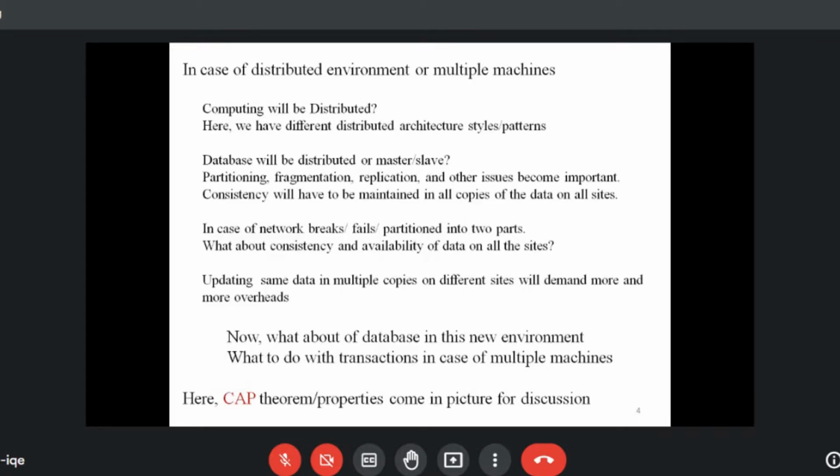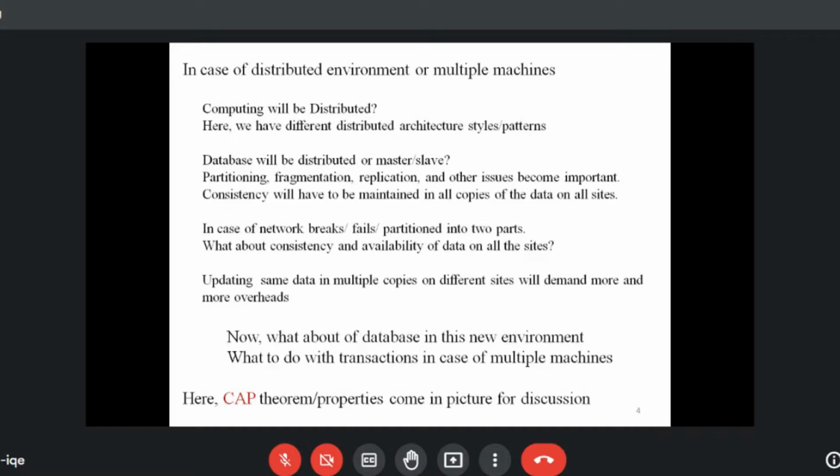So what happens here? There is a database. I can say one table is there, and I have to keep this table on all the machines. That means the copy of the table will be on all the machines, or part of the table will be on several different machines.